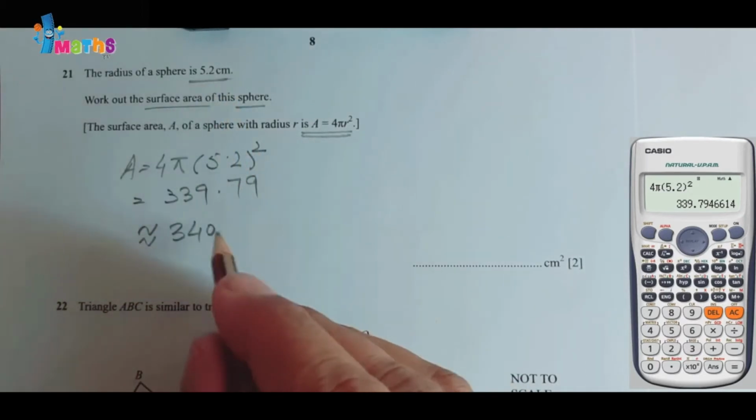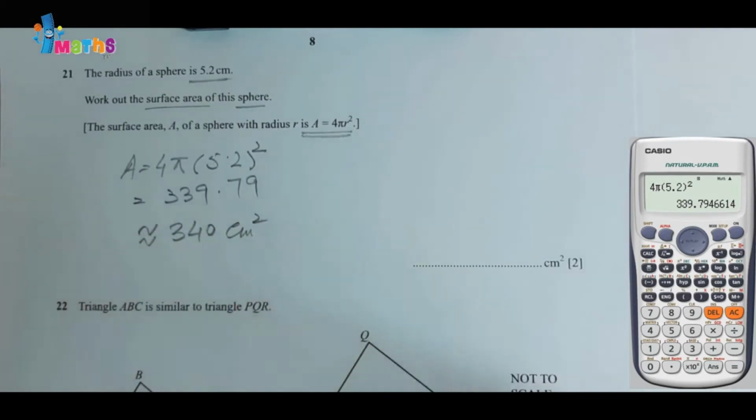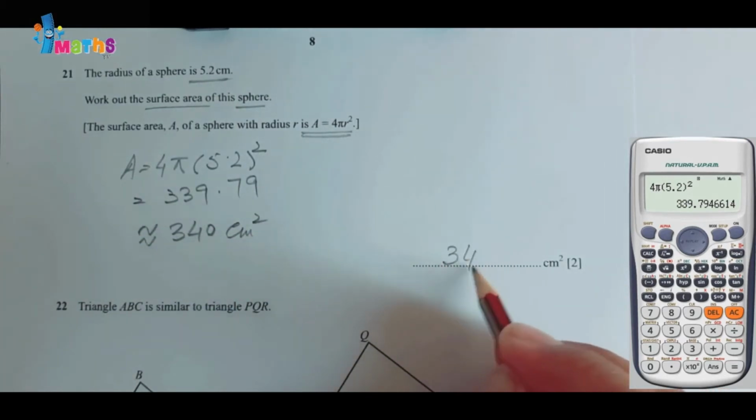Units are centimeter, so we'll write centimeter square. So it will be 340.